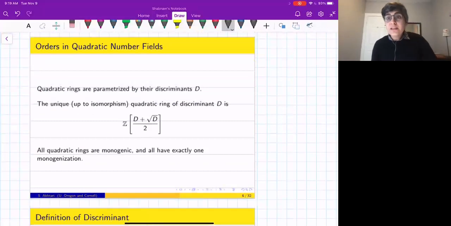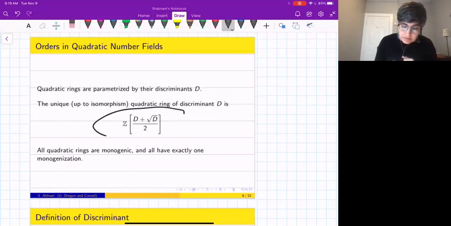Let me just remind you that orders in quadratic number fields are very well understood. Basically, they are parameterized by their discriminant. If you write down a number d that can be the discriminant of a quadratic ring or number field, you can write a unique ring that has that discriminant.